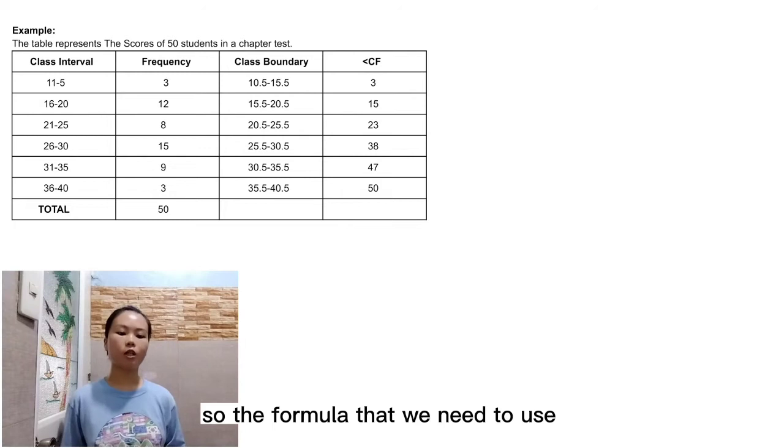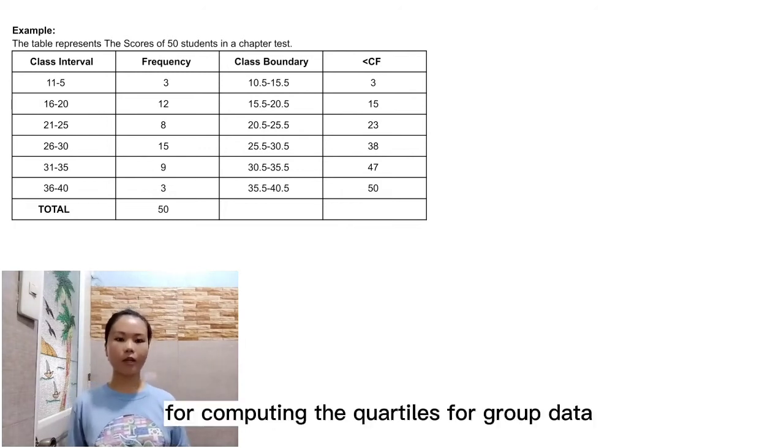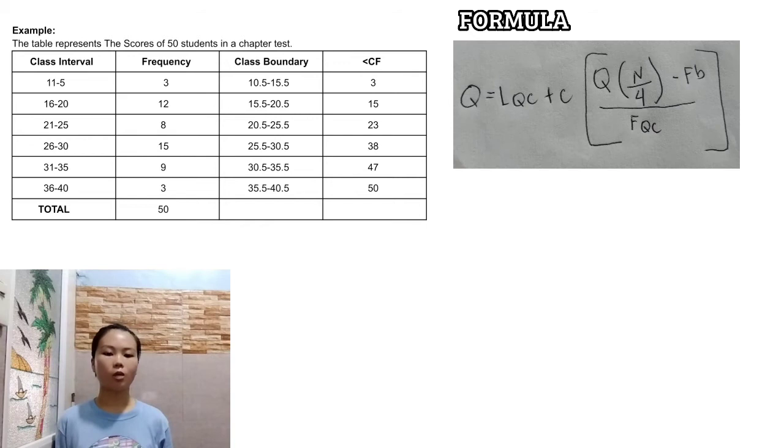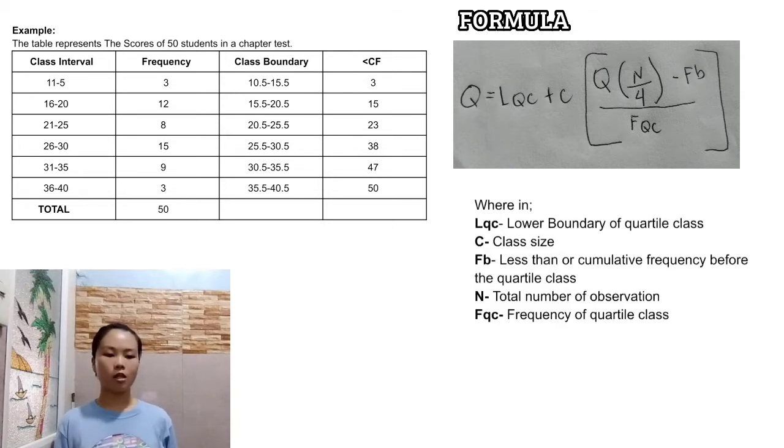So the formula that we need to use for computing the quartiles for group data is Q equals L sub QC plus C, open parenthesis Q, open parenthesis n/4 minus F sub B close parenthesis all over F sub QC, wherein LQC is the lower boundary of the quartile class, C is class size, FB is less than cumulative frequency before the quartile class, N is the total number of observations, and F sub QC is the frequency of the quartile class.